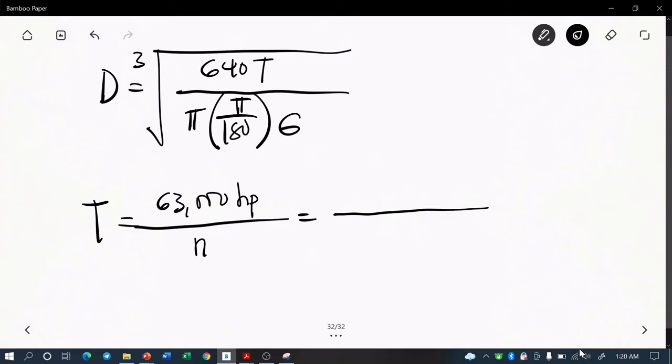So we can just directly substitute those values in order to obtain the torque: 63,000 times 40 over 500. This torque should be in unit of inch-pound.